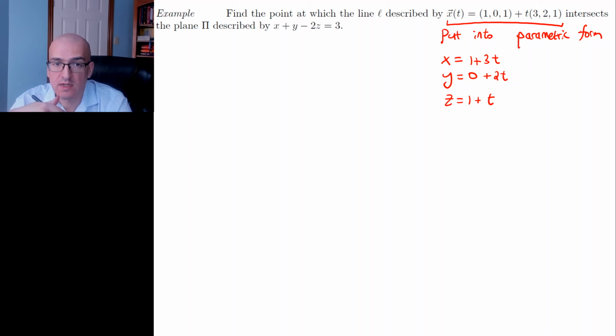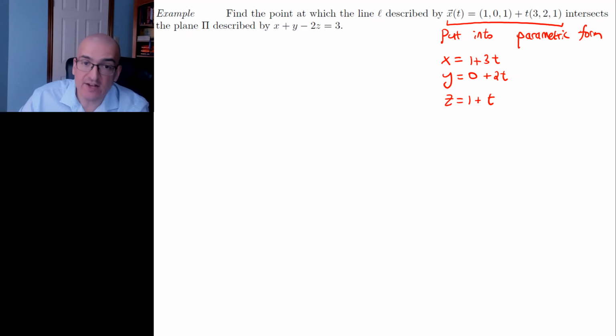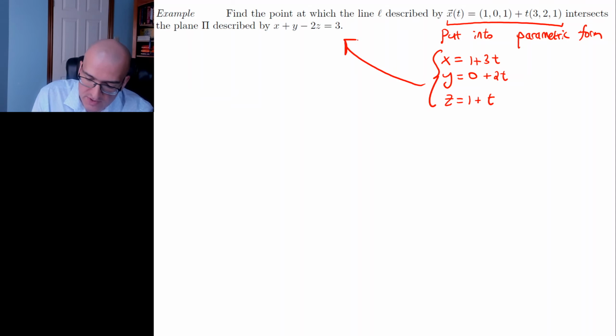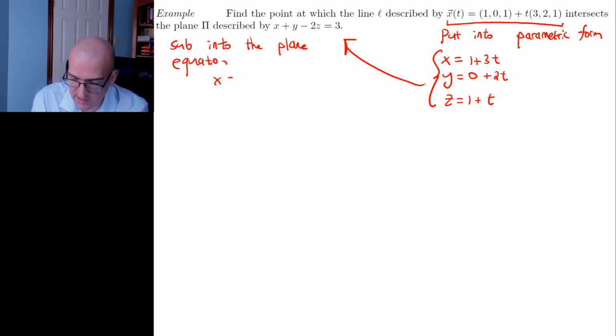The plane is written in standard form in terms of x, y, and z. Well, I can force these two objects to cross if I substitute into the plane equation x equals 1 plus 3t, y is equal to 2t, z is equal to 1 plus t.